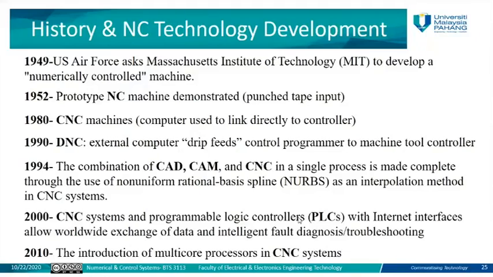So there is one new term, they call it Industrial Internet of Things, IIoT. This Industrial Internet of Things talks about the utilization of the internet to access the CNC machines, so they can control these CNC machines over the internet regardless of the time or the place.